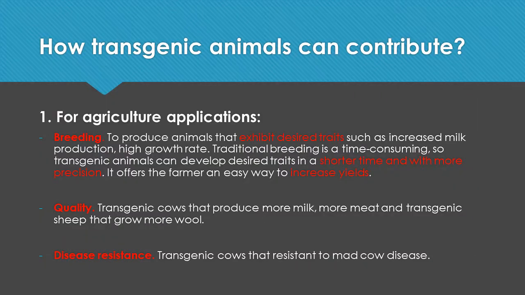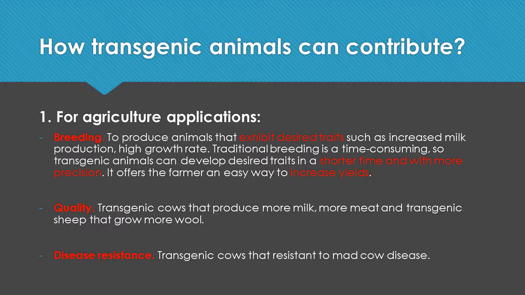So how can transgenic animals contribute? First, in agriculture applications, in breeding, transgenic animals can exhibit desired traits, such as increased milk production or high growth rate. Because traditional breeding is usually time-consuming.